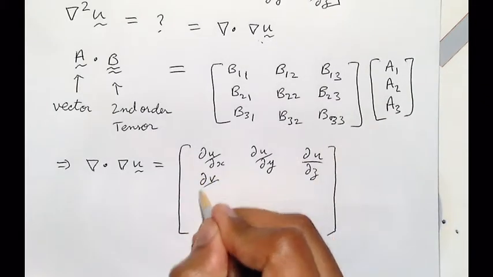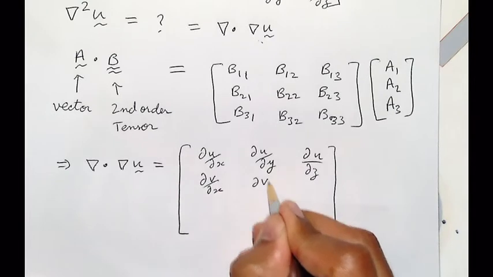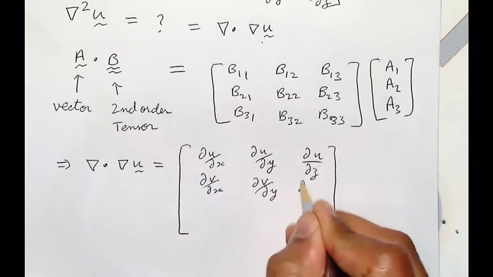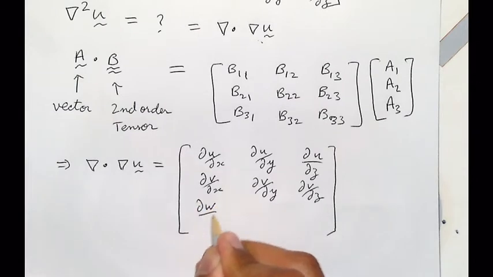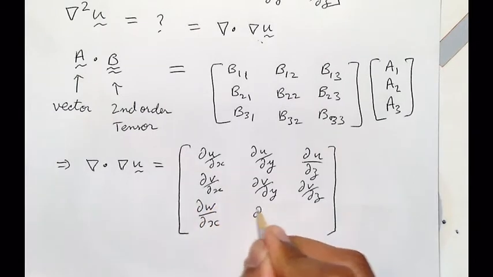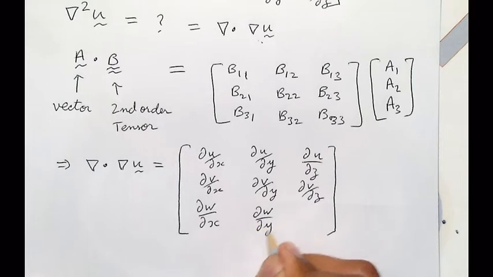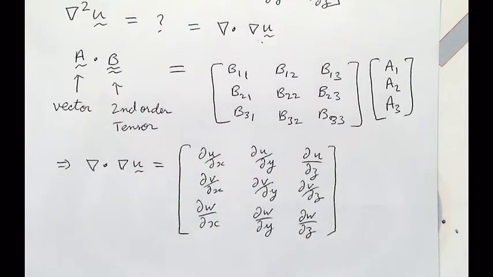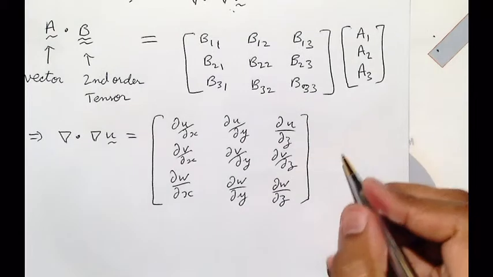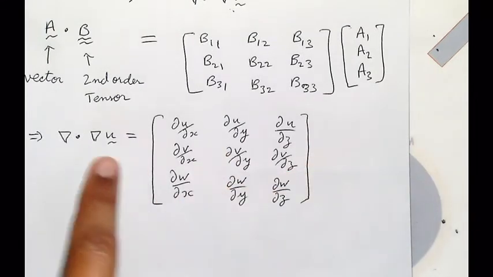So del v del x. If you get comfortable with what we are doing right now, you will never have trouble with vector mathematics again. All right, fine. That's our matrix.